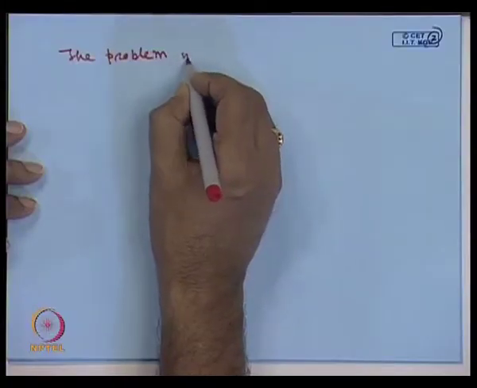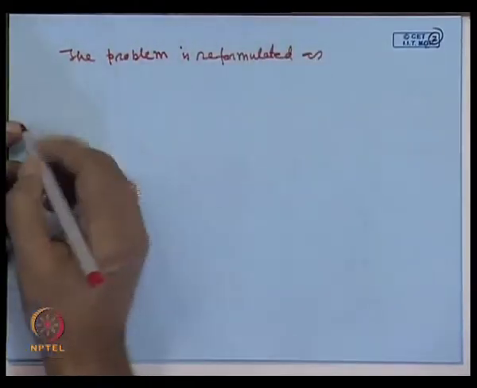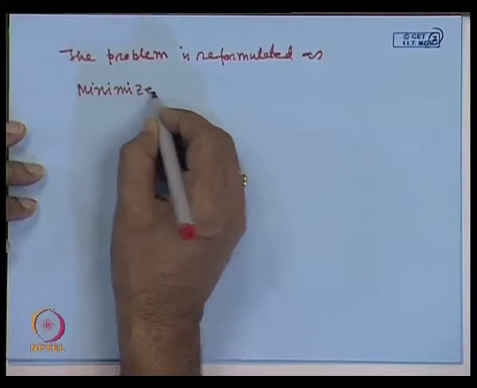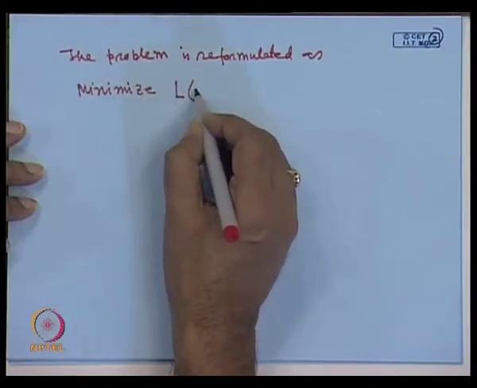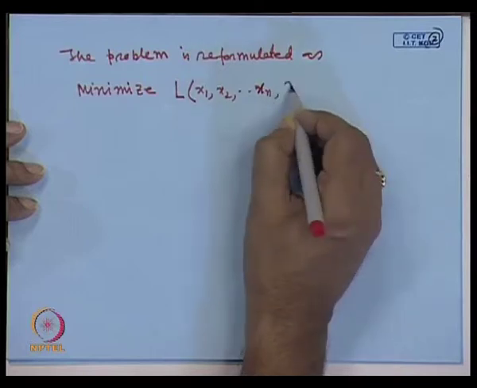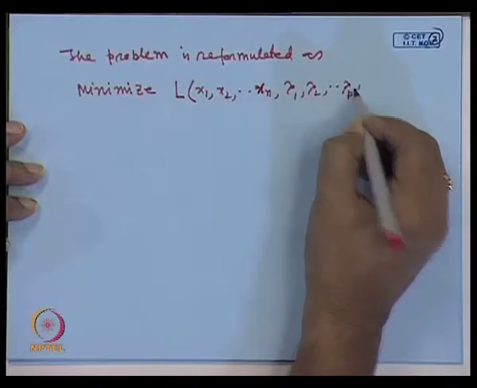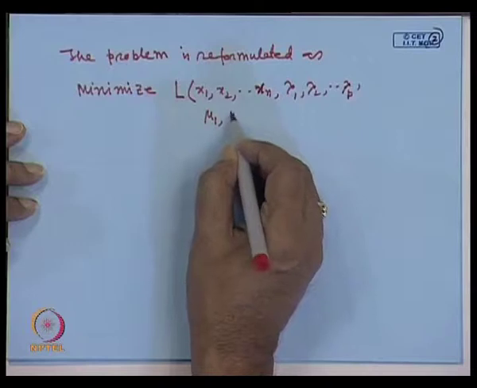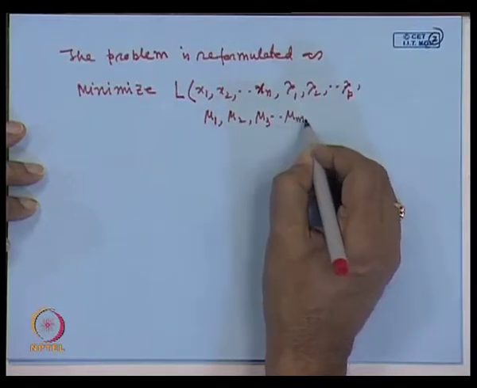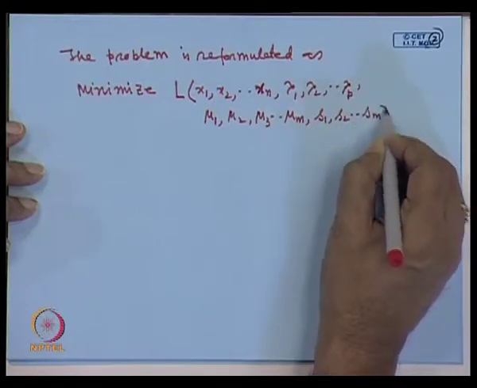The problem is reformulated as: minimize a new function L, which is a function of x 1, x 2 dot x n, and we have lambda 1, lambda 2 and lambda p, then you have mu 1, mu 2, mu 3 dot mu m (I will explain what these are), and s 1, s 2 dot s m.